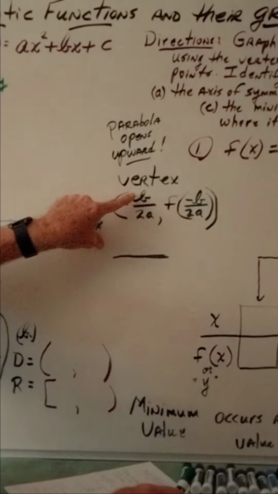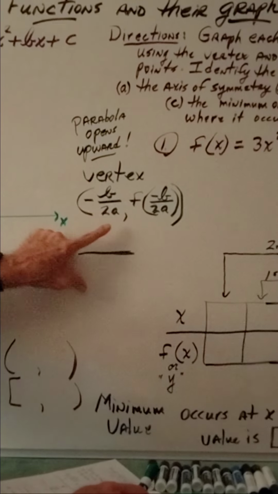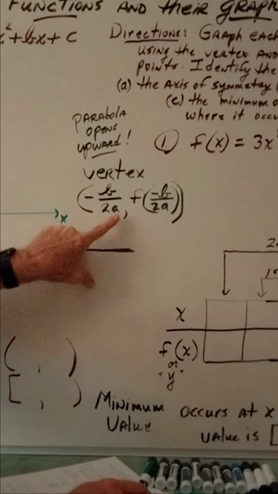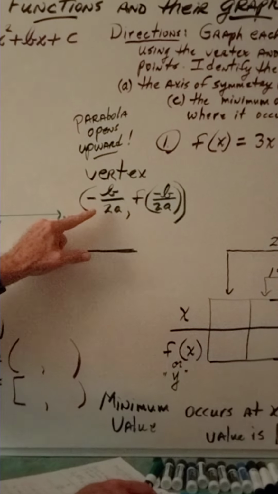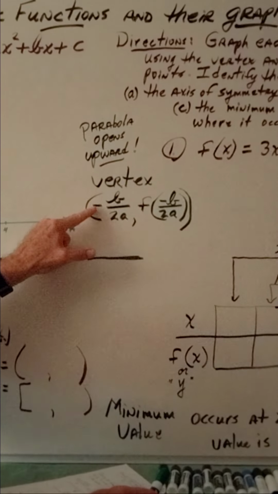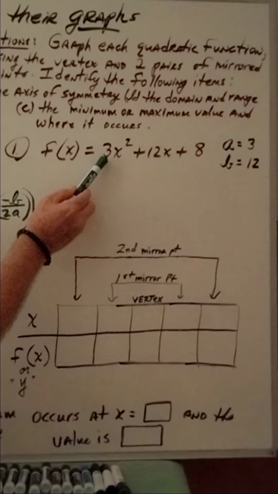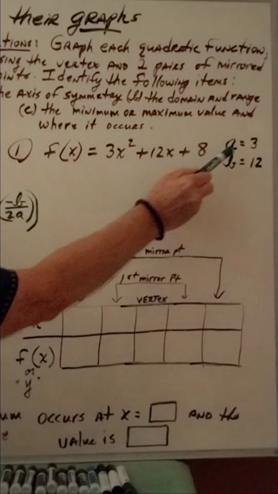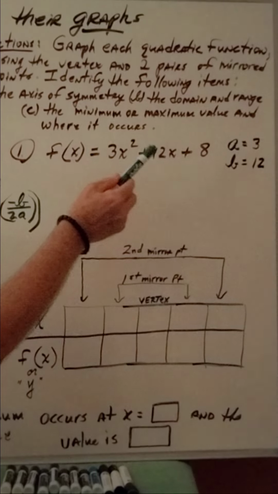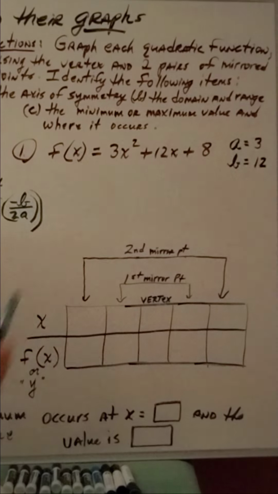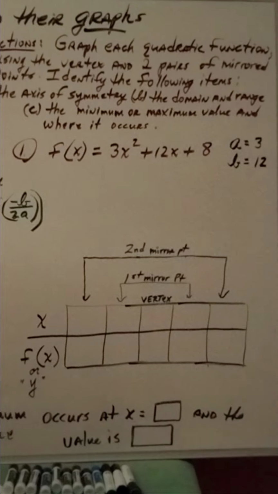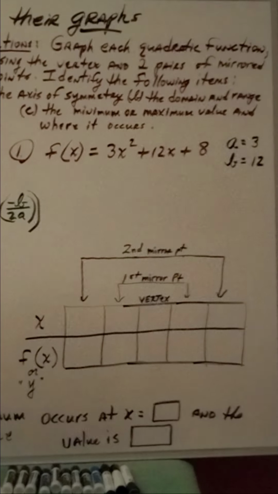That means we need to know the value of b and the value of a, because the x value of the vertex formula is the opposite of b over 2a. Your a is 3. Your b is 12. We don't need c to find the x value of the vertex.